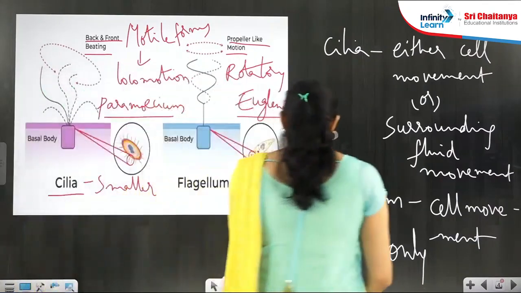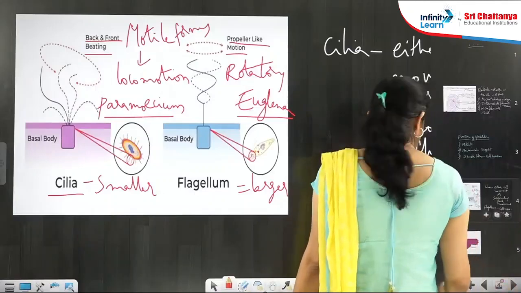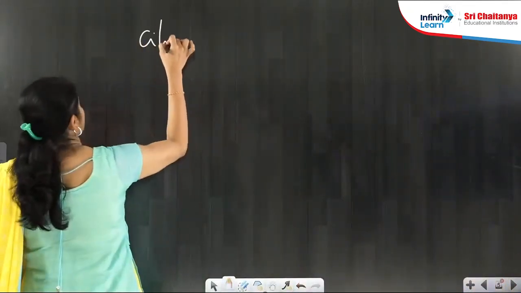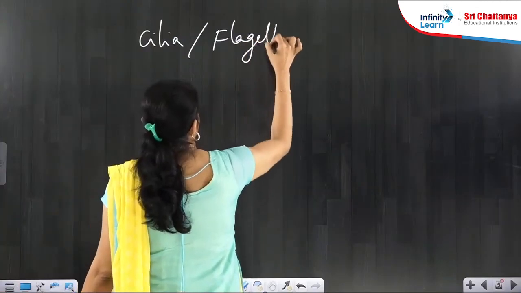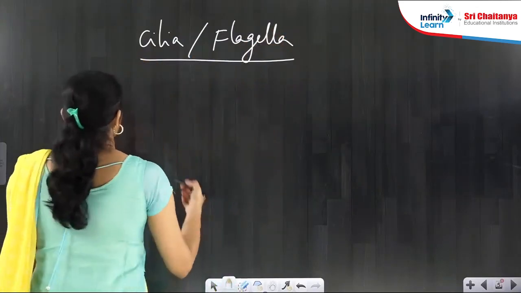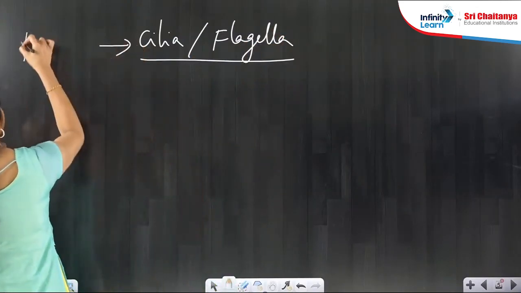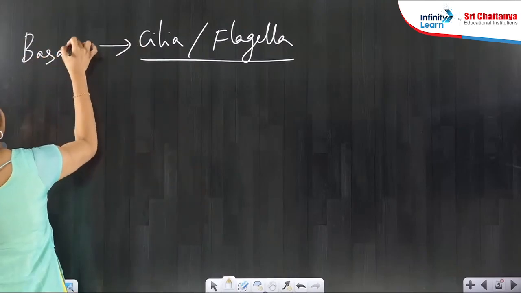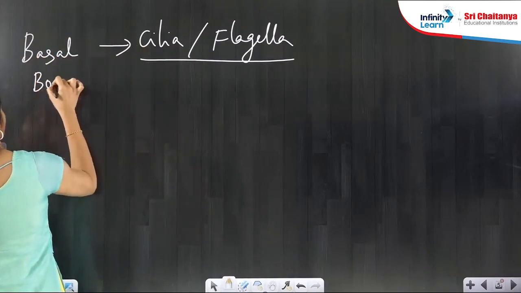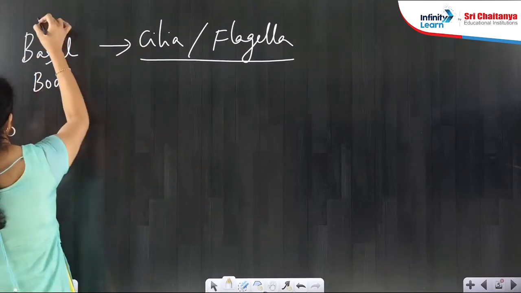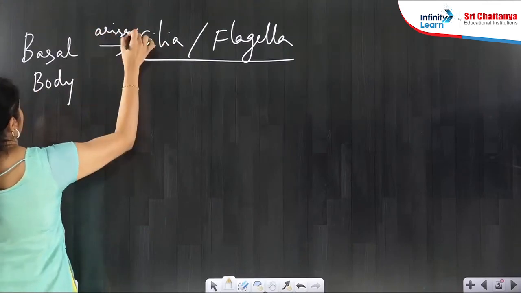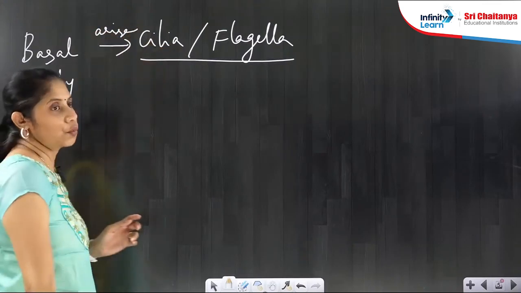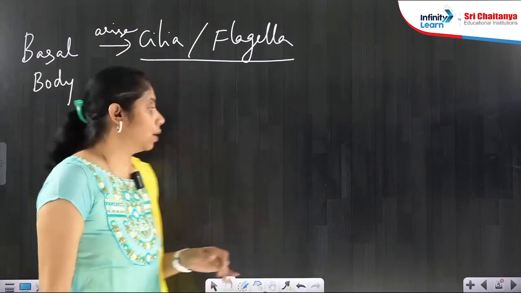Now let us see the structure of the cilia, either cilia or flagella. They arise from the basal body. The basal body gives rise to the cilia or flagella.